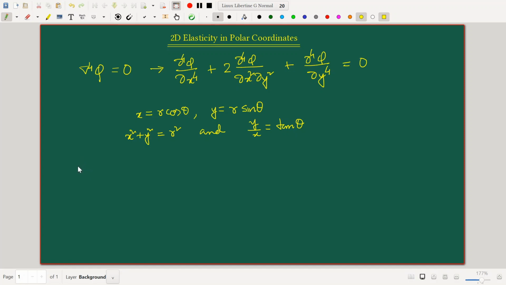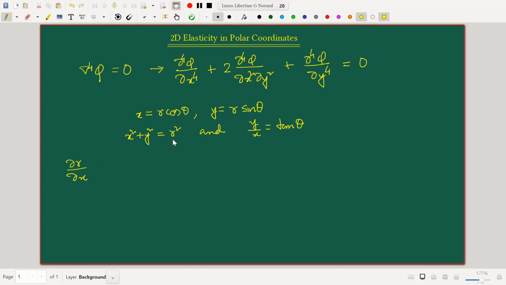we can find out del r del x from this relation. So what we can do is we differentiate this relation with respect to x. So what I'm going to write here is basically the right hand side first and then the left hand side.